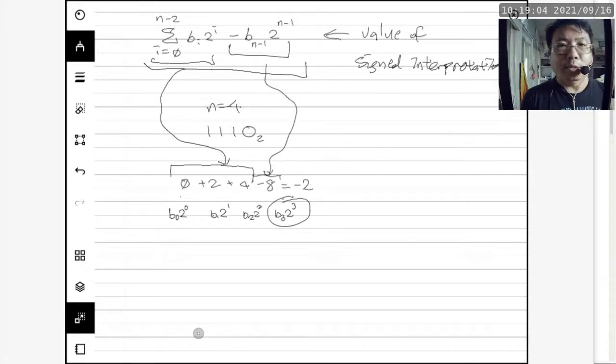So there's a reason why I ordered it in this specific way, but if you want to look at it from the perspective of the bit positions, then -8 plus 4 plus 2 plus 0 makes more sense if you want to align everything by bit position.